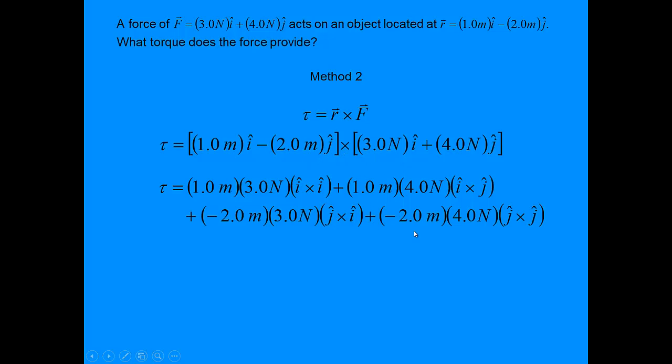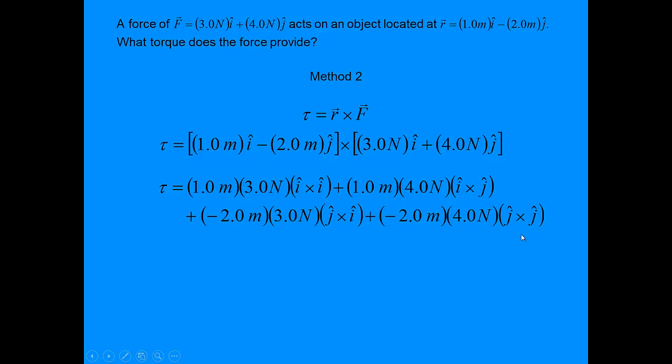And then negative 2 meters, 4 newtons, j crossed with j. Again, if you're doing a 3 by 3 in the homework, you're going to get 9 terms out of here. Of course, these coefficients are just scalars, so we can just do normal multiplication to put them together. But then the question is, what do we do with these cross products?